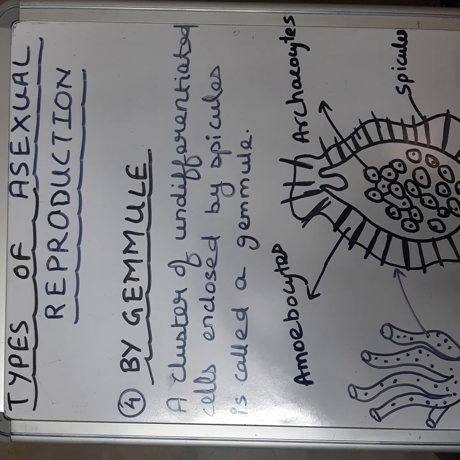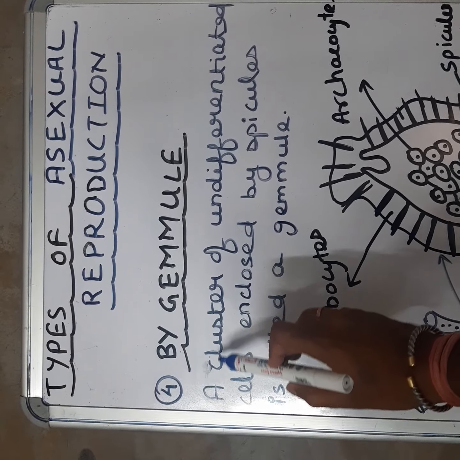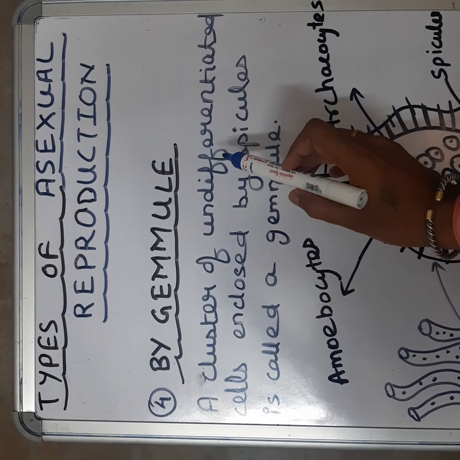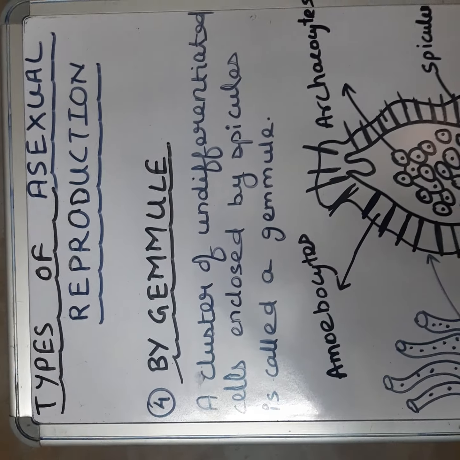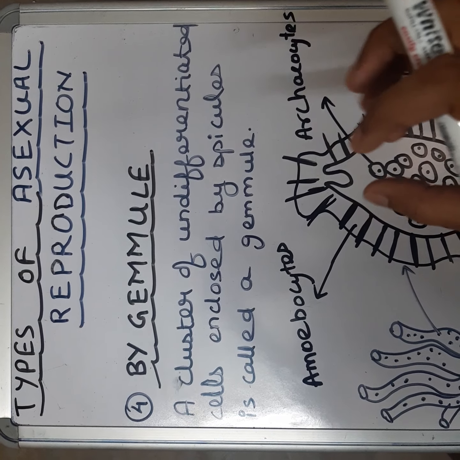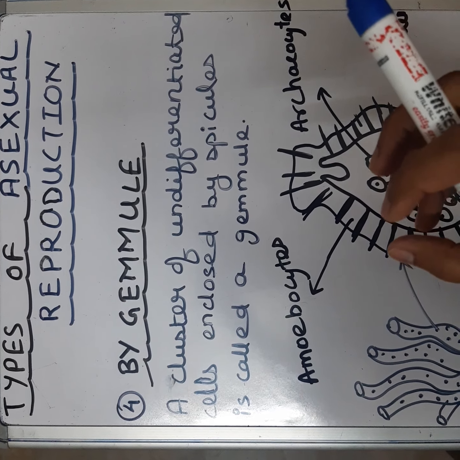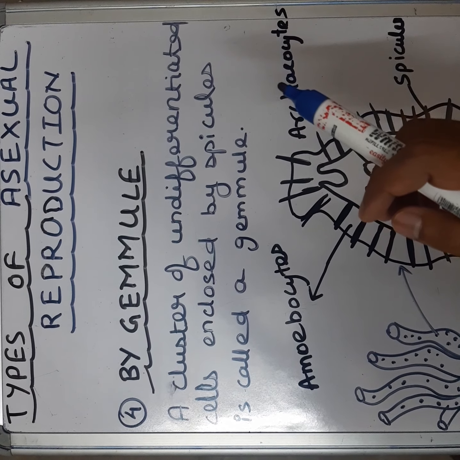As per the definition, a gemule is a cluster of undifferentiated cells. Now a cluster means a group, a group of undifferentiated cells. Now what does undifferentiated cell mean?